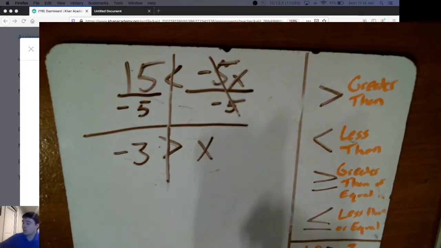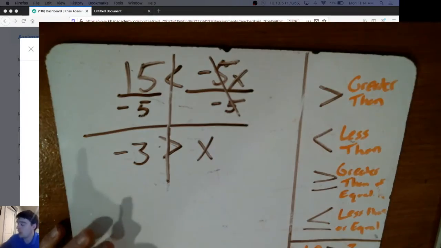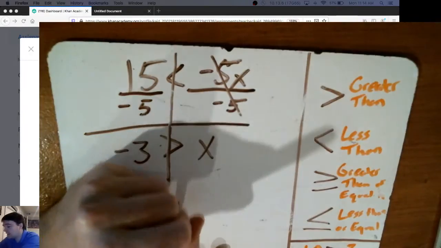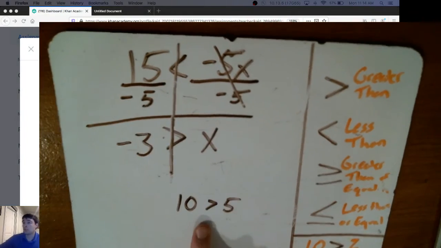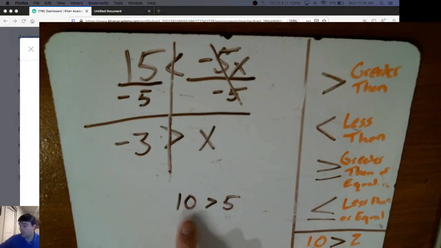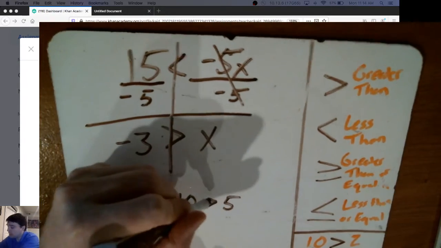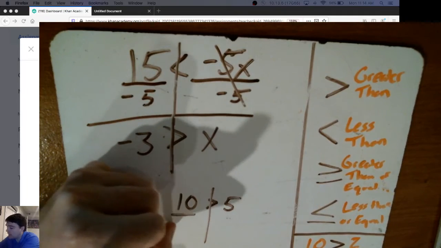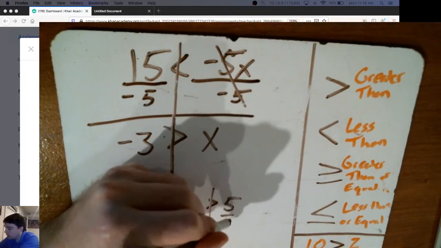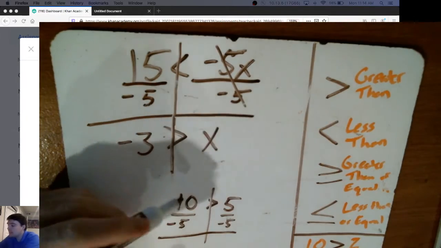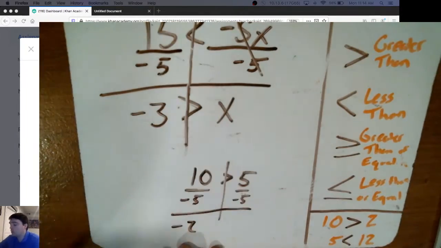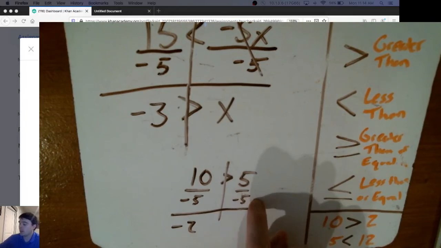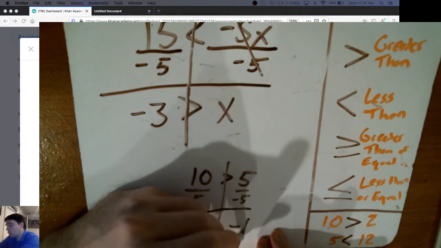Very quickly, I'm going to show you an example here that says why that needs to happen. If I said 10 is greater than 5, that would be a true statement. 10 is larger than 5. But if I divide both sides of this inequality by negative 5, just like we did in our earlier example, 10 divided by negative 5 would become negative 2. 5 divided by negative 5 would become negative 1.